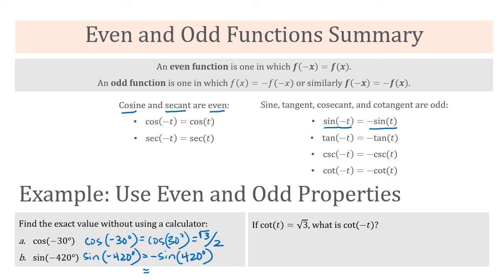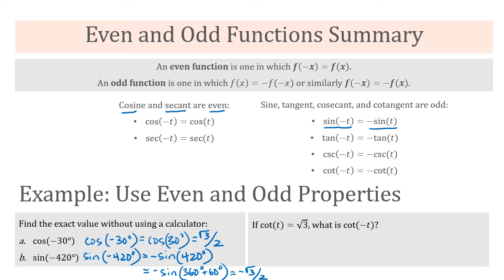Well, let's see. I think 420 degrees would represent one whole rotation around the circle, wouldn't it? So 360 degrees plus another 60 degrees, and we know that the sine of 60 degrees is square root of 3 over 2, and so this is going to be negative square root of 3 over 2 as an answer.